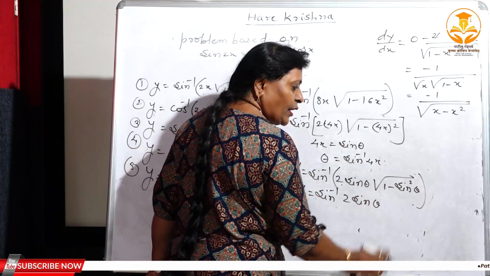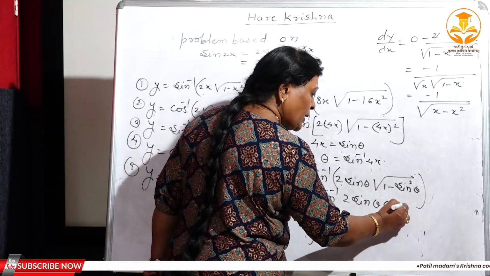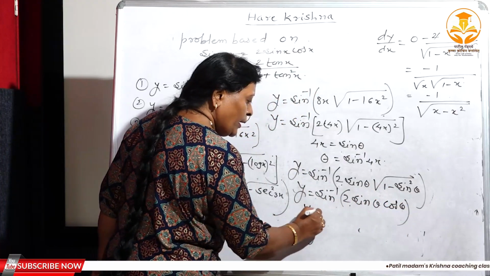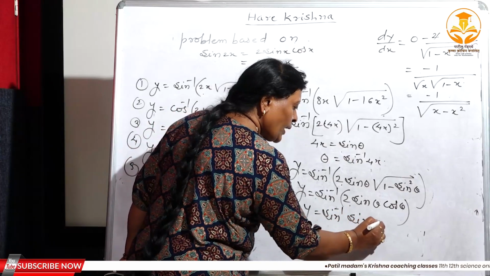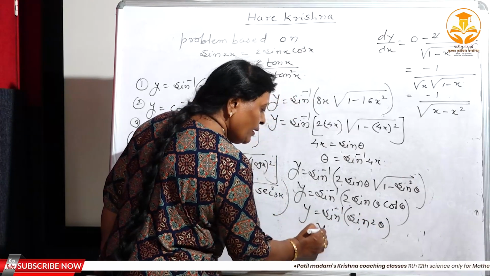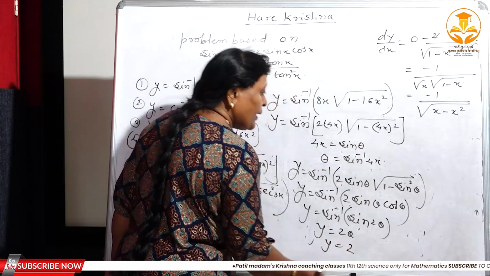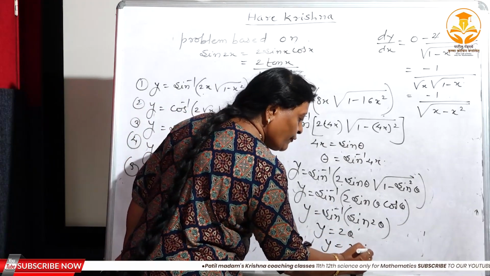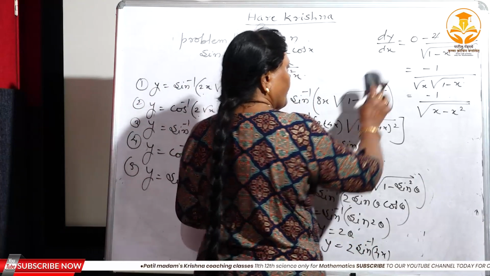Again you have got the formula, that is sin inverse of sin 2 theta. Sin inverse sin gets cancelled. y is equal to 2 theta. y is equal to 2 times sin inverse of 4x. Right? Here again, very simple.